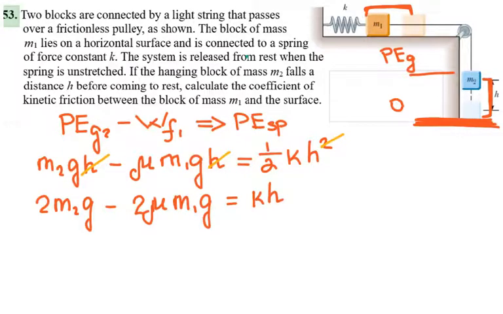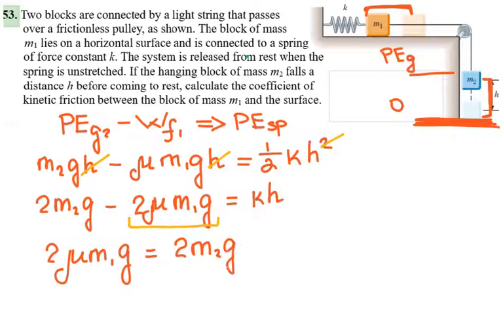And I am solving for coefficient of friction. So I'm going to move my coefficient of friction term to the right and kh to the left. So then I will have 2 mu m1g is equal to 2m2g minus kh.